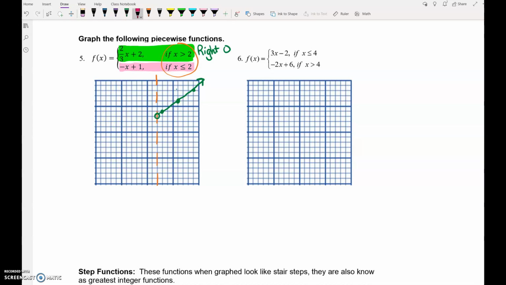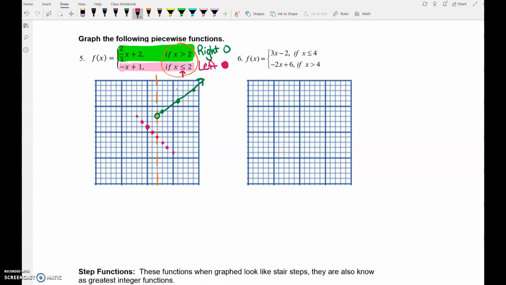Okay, now for the pink. Since the green was on the right, that means the pink is on the left. And notice this symbol, less than or equal to. That means that the pink function gets to do a solid dot on that orange line. But let's ignore that for right now and just get this graph on here. Negative x plus 1. We start at 1. We have a slope of negative 1.